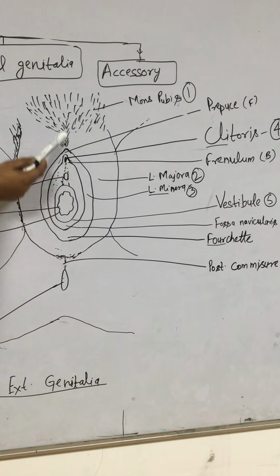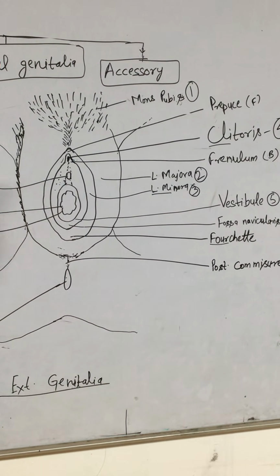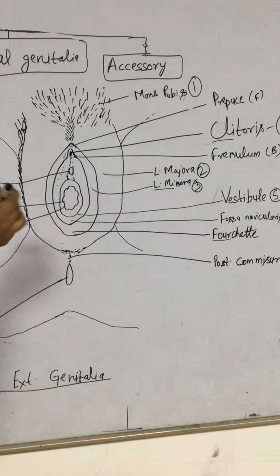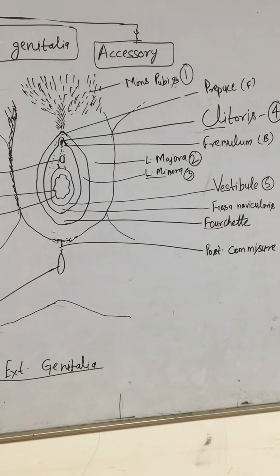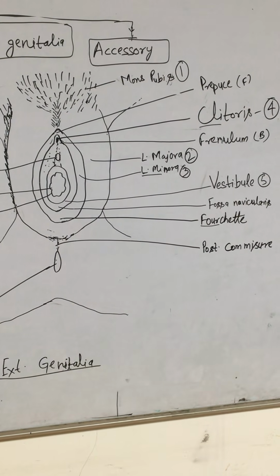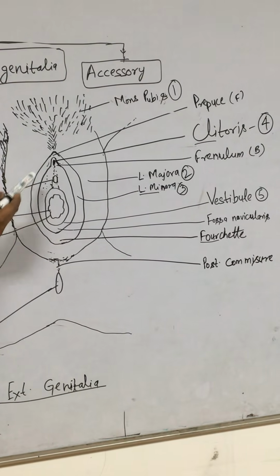This is the anterior-most part of the vulva or external genitalia, and it measures about 2.5 centimeters. 2.5 सेंटीमीटर इसका मेजरमेंट है. It is attached to the under surface of the symphysis pubis by the suspensory ligament.